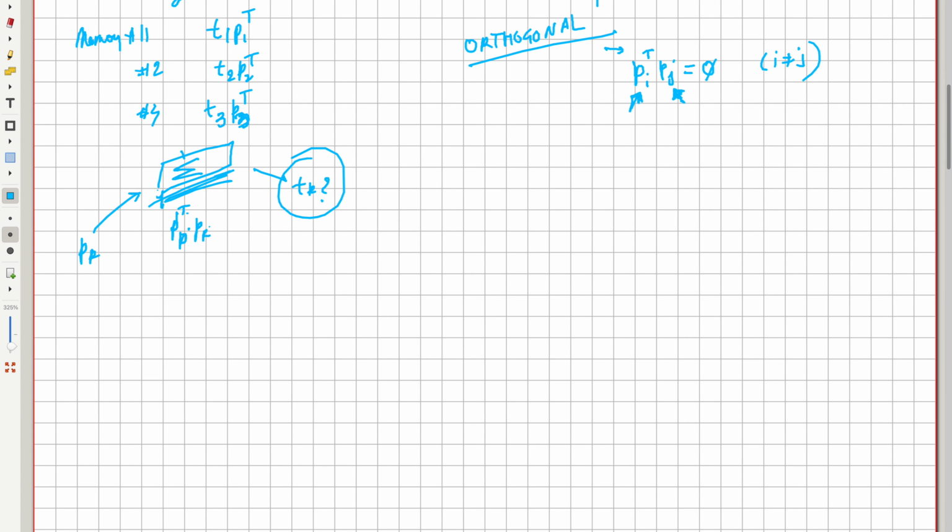If pk matches the memory q inside the weight matrix, then the dot product pq transpose pk is large, something like 1. And if it does not match, then the dot product is 0.